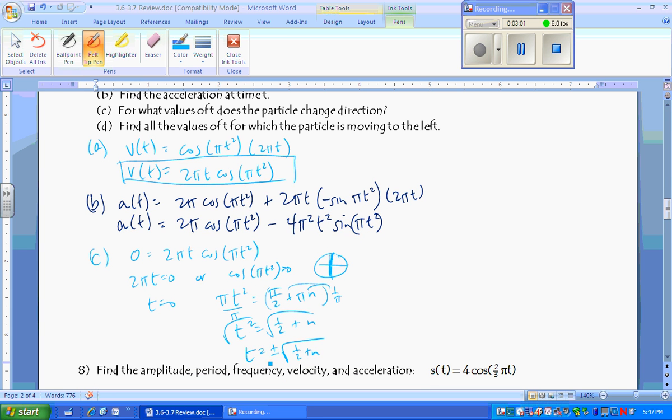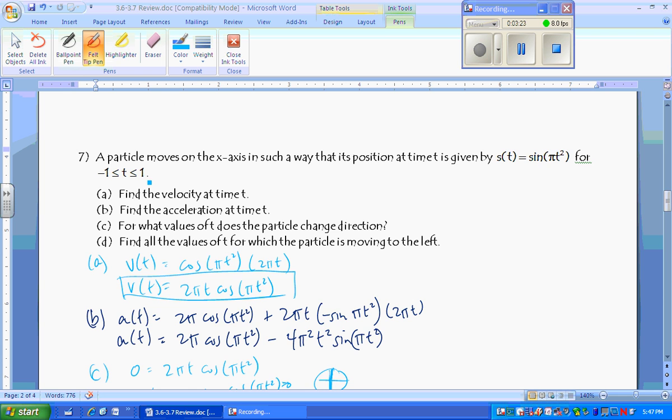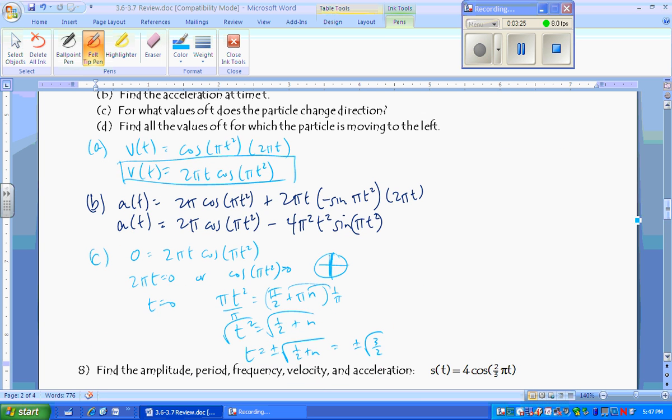So we can check, n is an integer, like 0, 1, 2, 3, whatever. It can't be negative in this case because we'd have a negative inside the square root. But if we put 1 in, 1 plus 1/2, we get positive or negative square root of 3/2. But that is not in our interval. It's not between -1 and 1. So this one doesn't even work. The only one here that works is t equals 0.